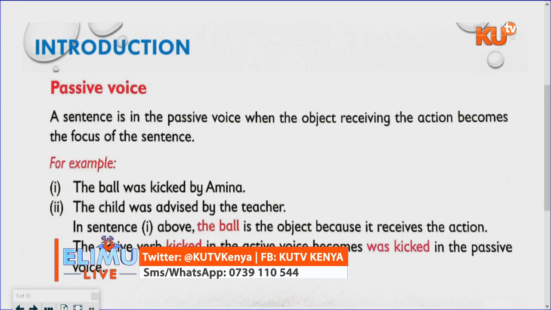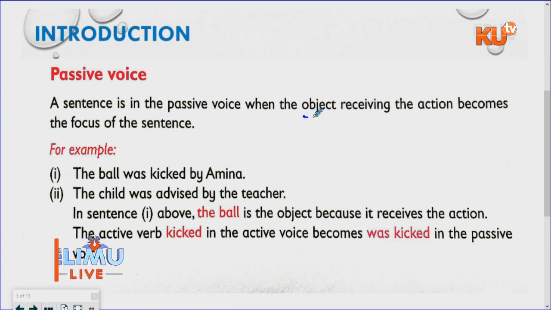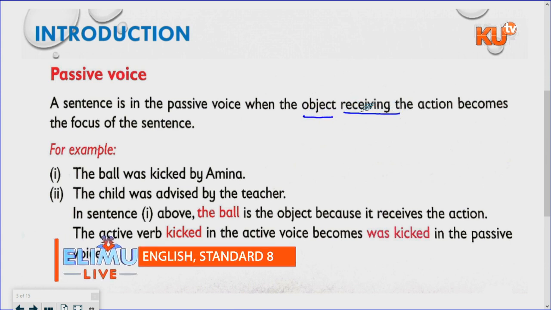A sentence is in the passive voice when the object receiving the action becomes the focus of the sentence. The object, here I would like to emphasize these two words, object, receiving. So the object is the one that receives the action, and therefore the object becomes the focus of the sentence.